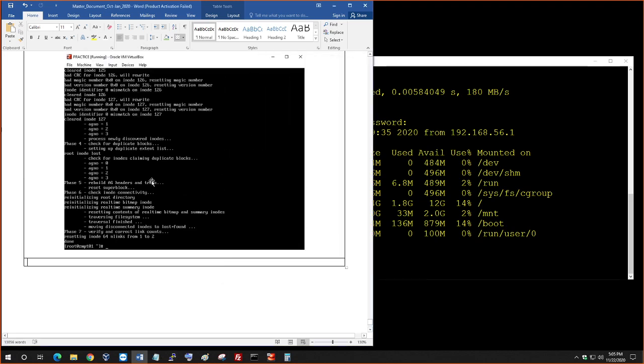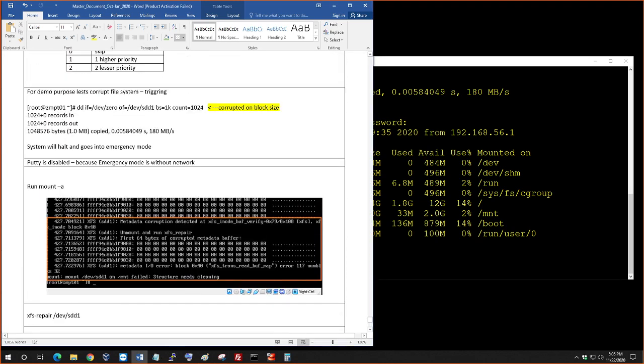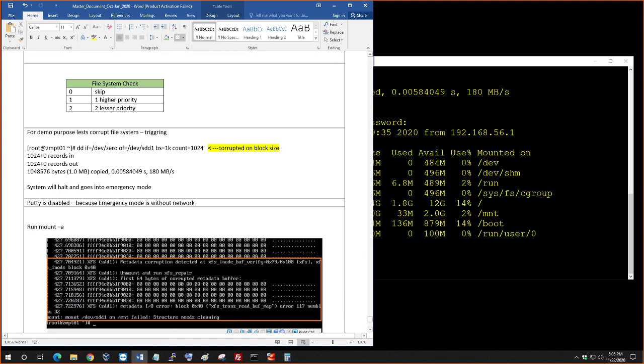So what this command did is actually it took out the whole file system. But it gave us the error so that the system goes into the emergency mode here, okay?